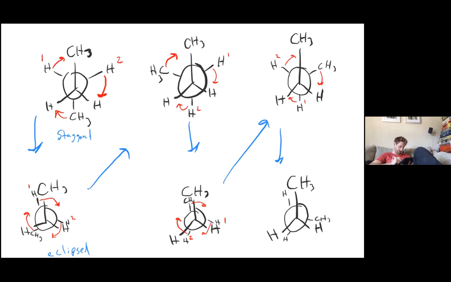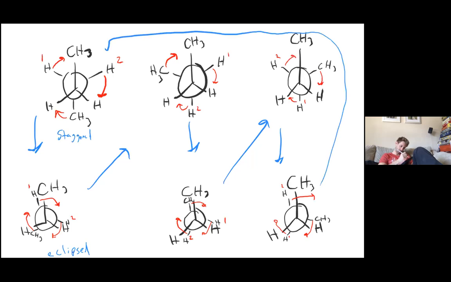If we rotate yet again, so this should be H1, H2, rotating one last time is going to bring us back to the start. So this is our cycle. We're slowly moving the back part of our molecule 60 degrees until we get back to where we started.